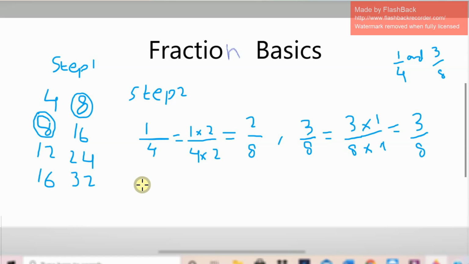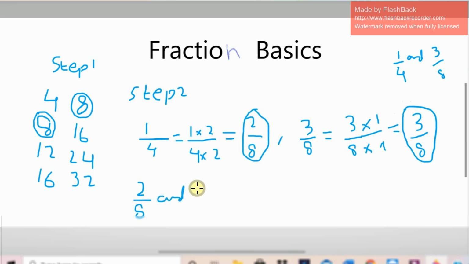So the new fractions are 2 over 8 and 3 over 8, which are now similar fractions.